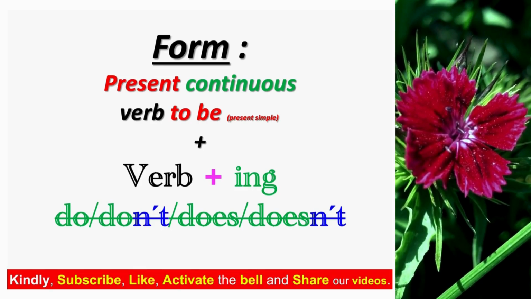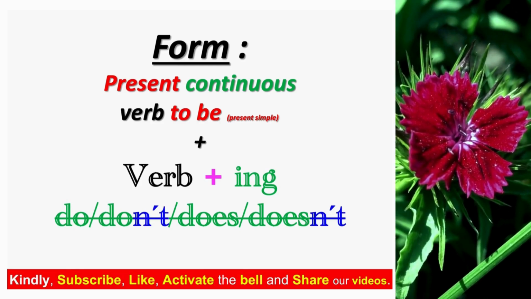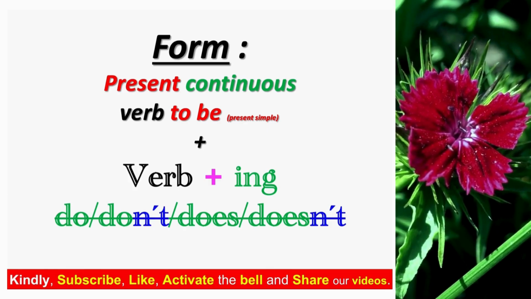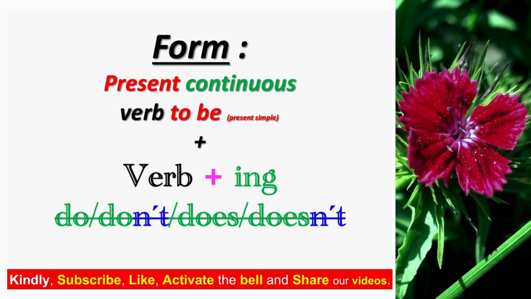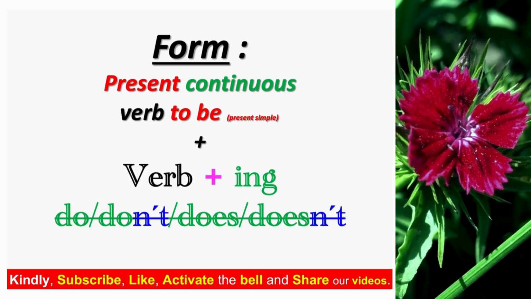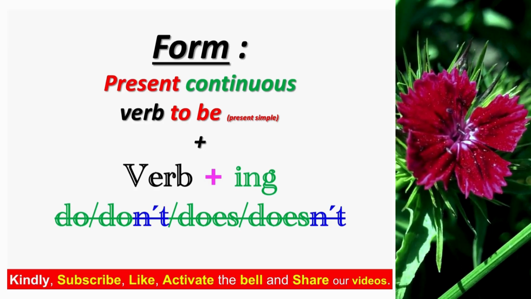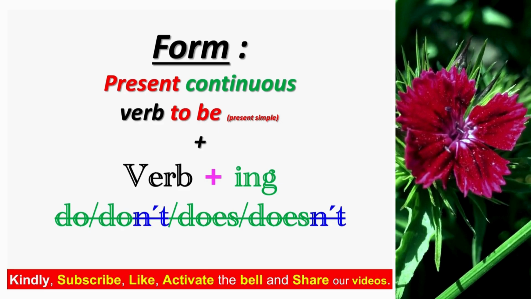So this is present continuous. If we have just verb plus ing, it's not present continuous. Remember this. So to have present continuous, you should have two things: first, verb to be in present simple, and verb plus ing.